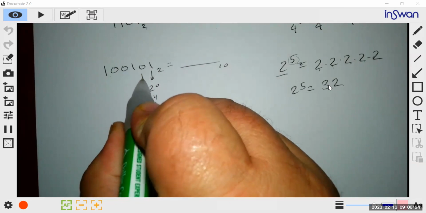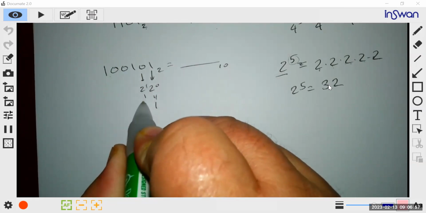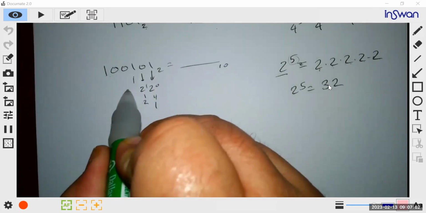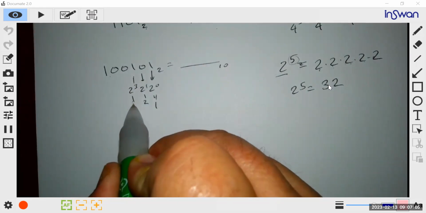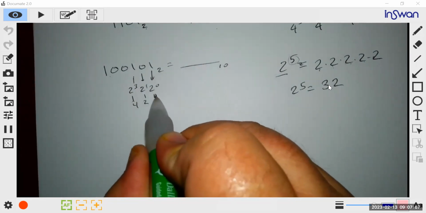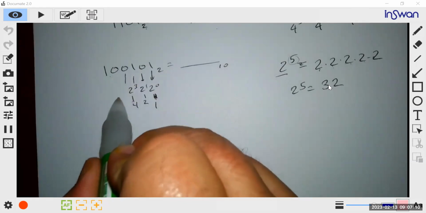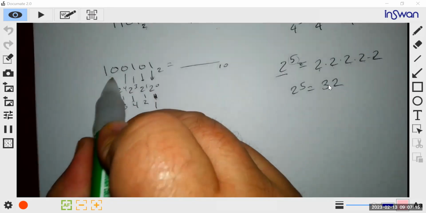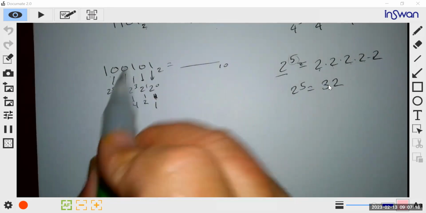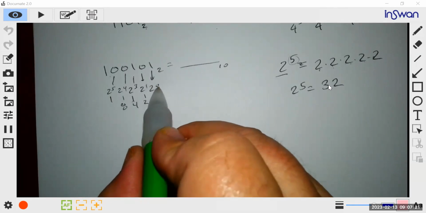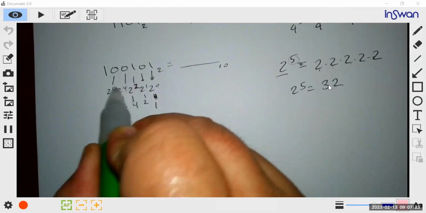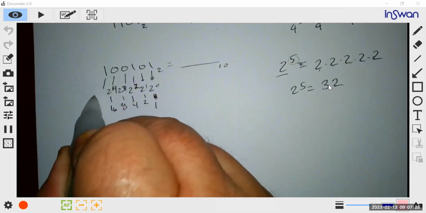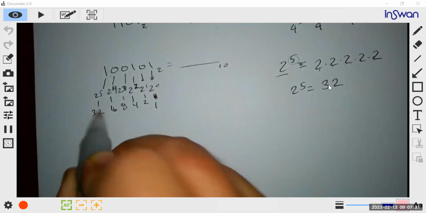The next one is 2 to the 1st, which is 2. Oh, I forgot 2. 2 to the 2nd is 4. 2 to the 3rd is 8. 2 to the 4th is 16. 2 to the 5th is 32.